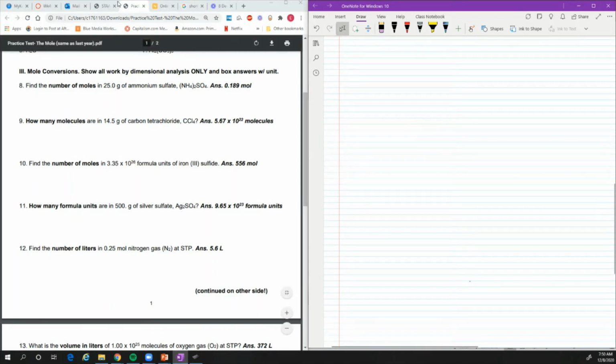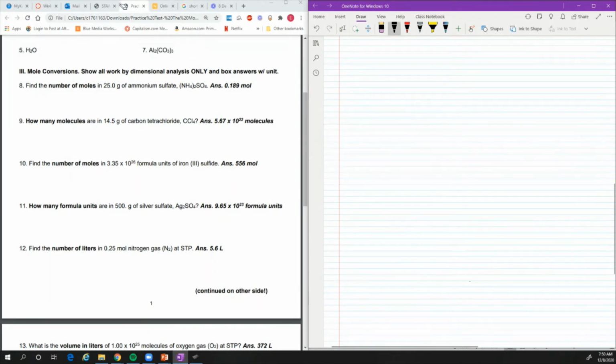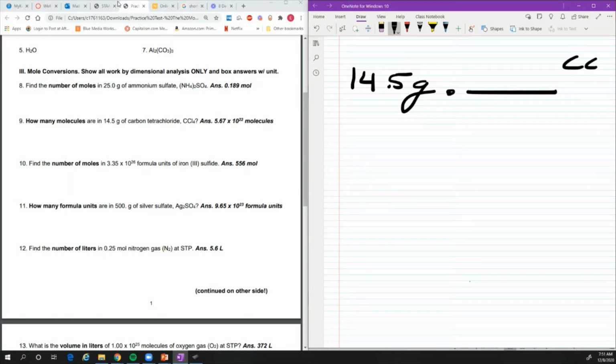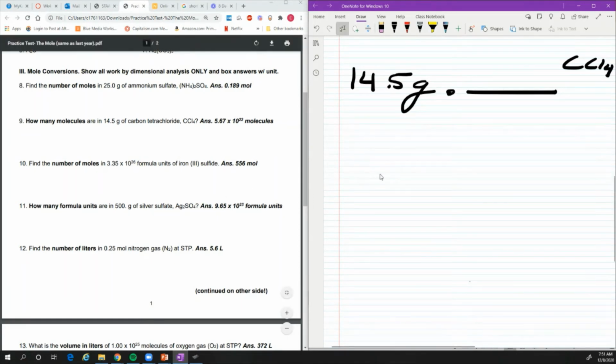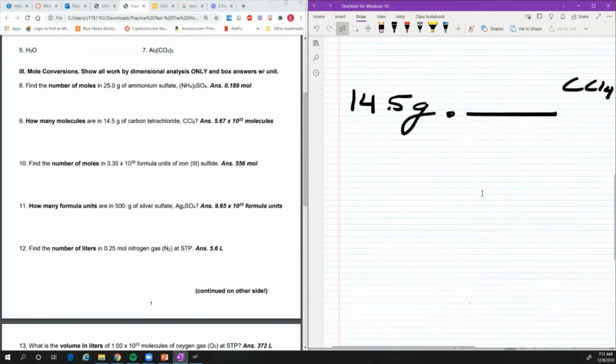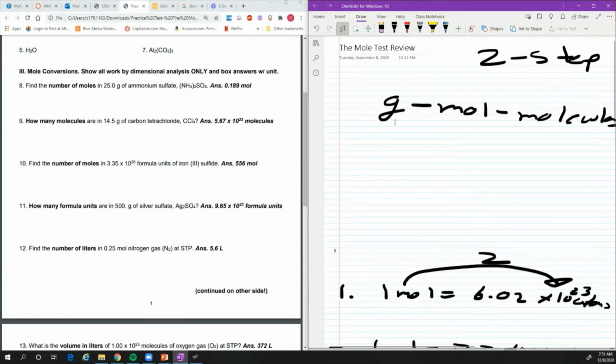All right, so I'm going to start with my given. I'm given 14.5 grams of CCl4, right? I know that I have to first, to get to molecules, I need to get to mole.